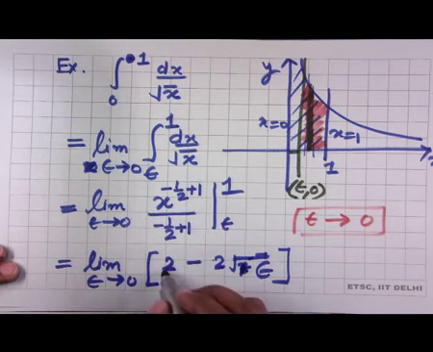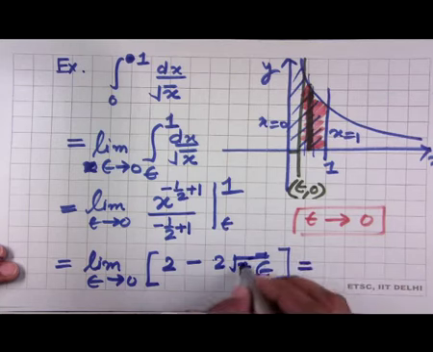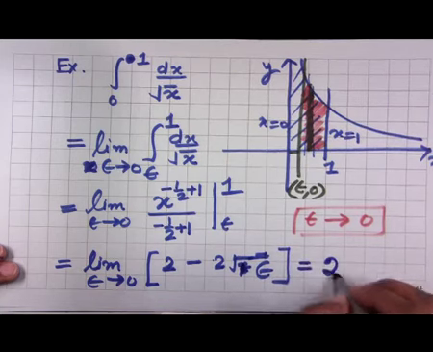So you get 2 minus 2 root epsilon, and after taking the limit, you see that the value of the integral is 2.